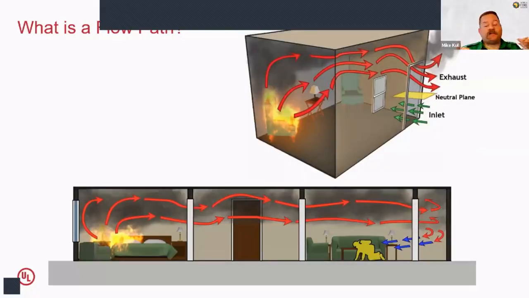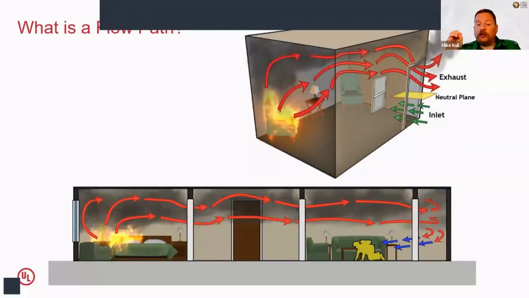So that's the flow path, where that air is moving through the building, where it's coming in, where it's going out of the building. Where it goes in, we call that the inlet flow path. Where it comes out of the building, it's the exhaust flow path. In this picture, in that room at the top, there's only one opening. There's a window there, but the window is closed and intact.